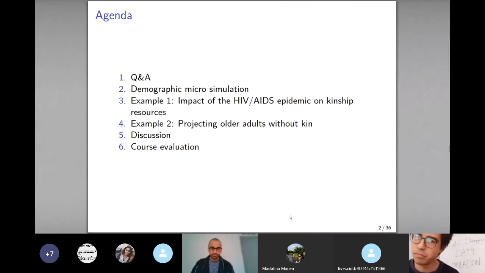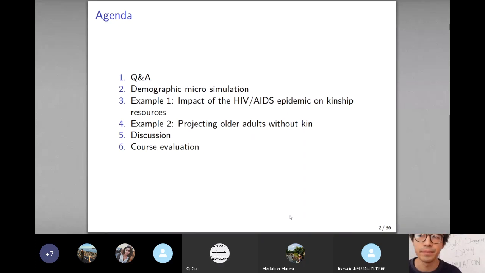As usual, I just want to check with you if there are any urgent questions about the past days. Then we're going to dive right into the largest topic in computational demography at the moment, which is demographic simulation.